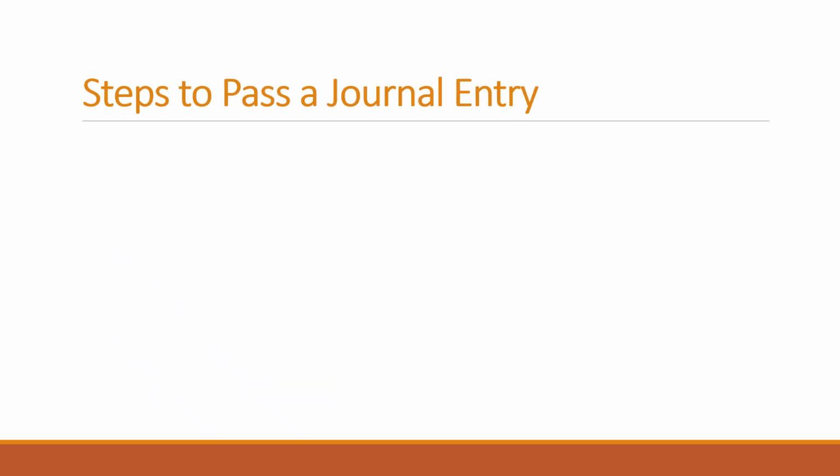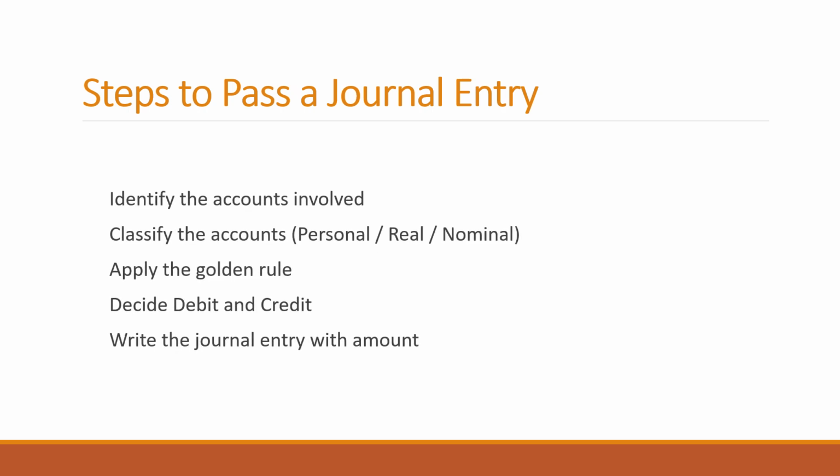These rules help us to avoid confusion. Okay, next let us see the correct steps to pass a journal entry. First, identify the accounts involved. Second, find their type, whether it is personal, real, or nominal. Third, apply the golden rule.